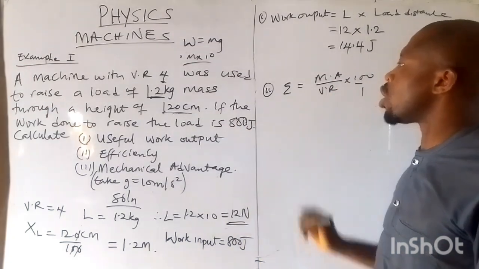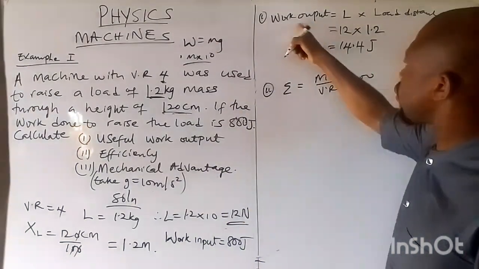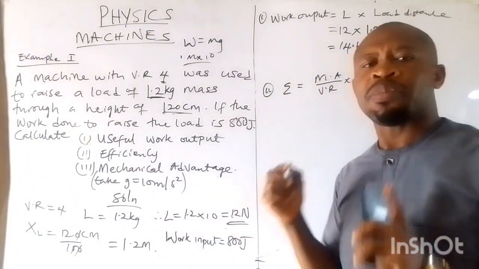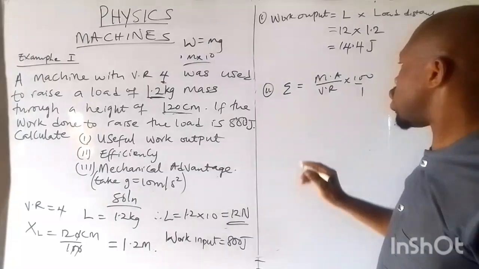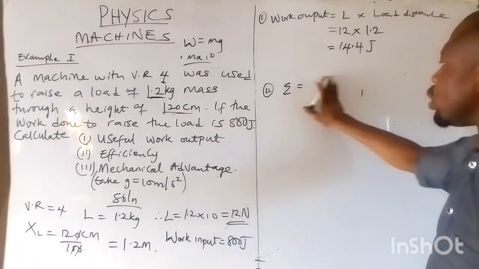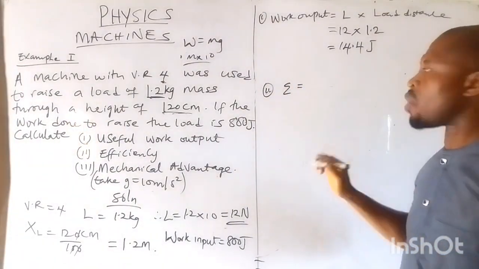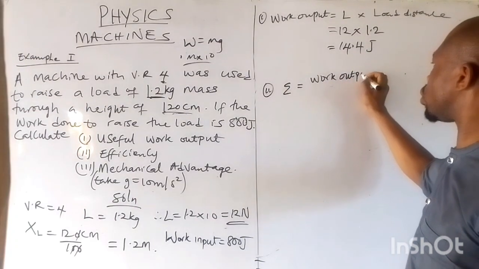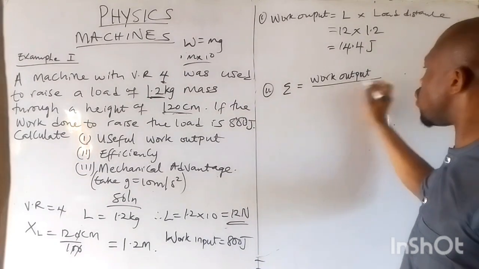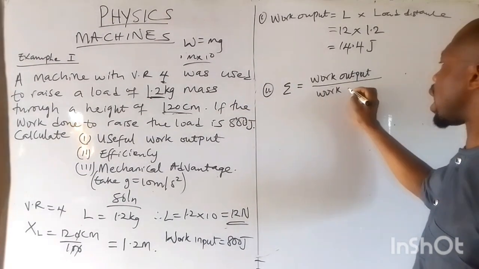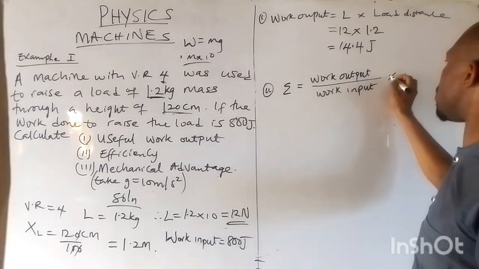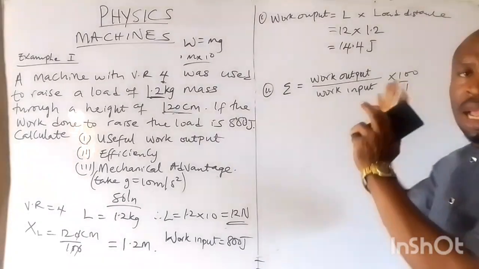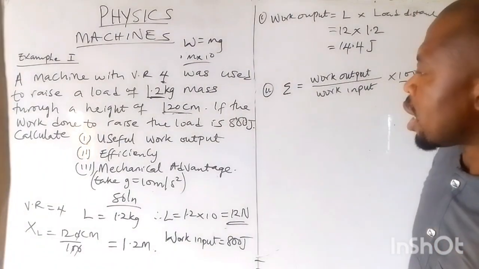If we drop this one, we pick another one. Of course, we have the work output here and the work input here. That relationship will go. So in other words, I will drop this one, and I will now say work output all over useful work input multiplied by 100. And with this one, now I can get it.